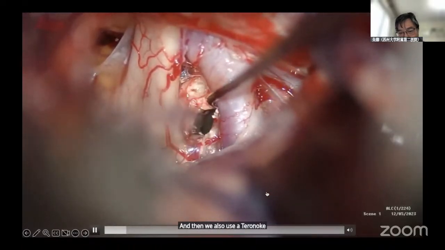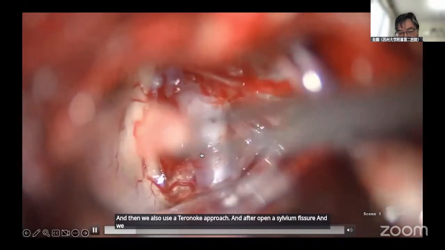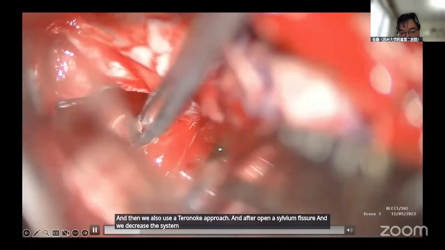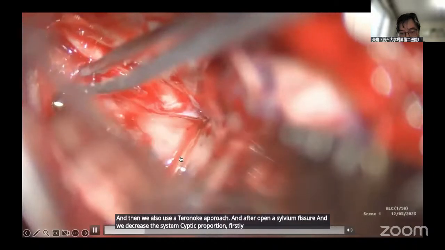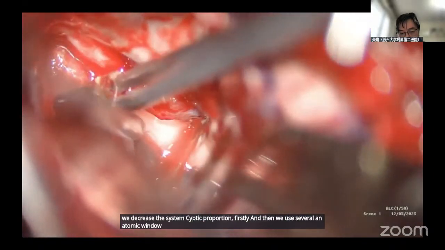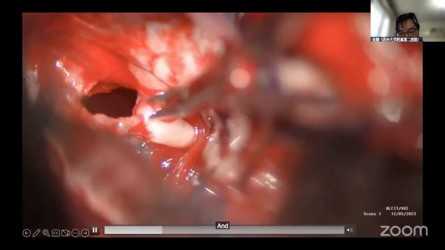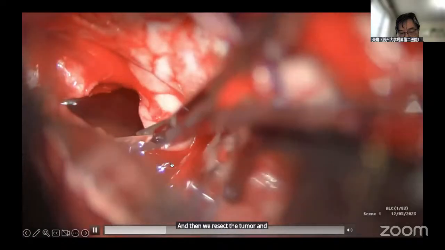After opening the Sylvian fissure, we decrease the cystic portion first, and then we use several anatomic windows to resect the tumor. This is the oculomotor nerve, and we resect the tumor and preserve the nerve intact.